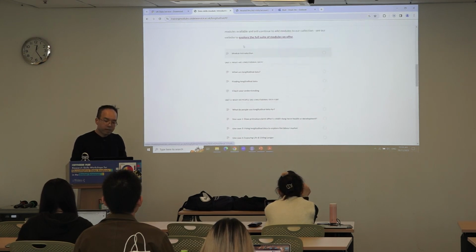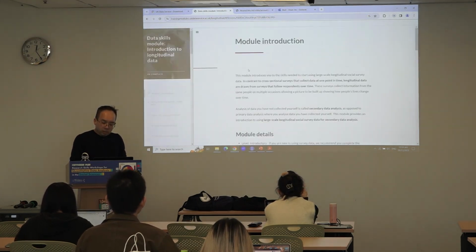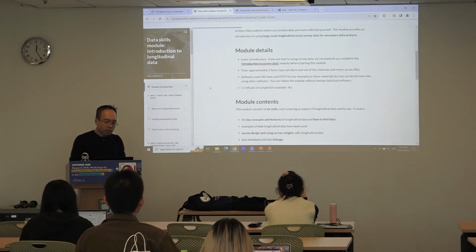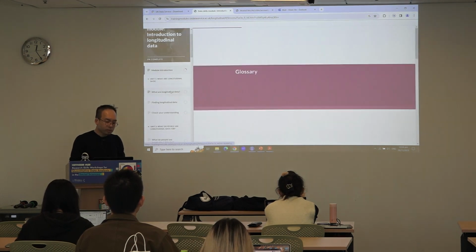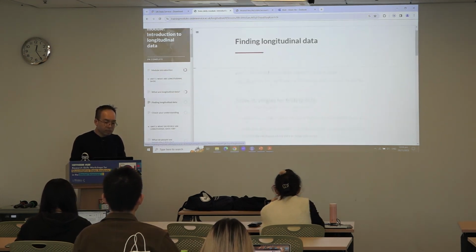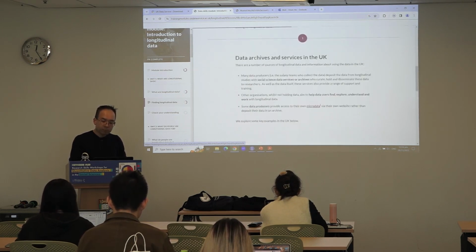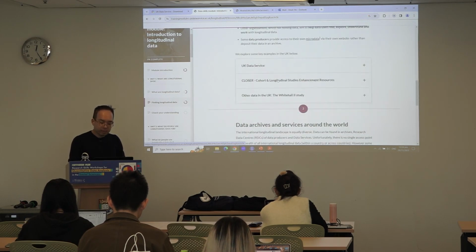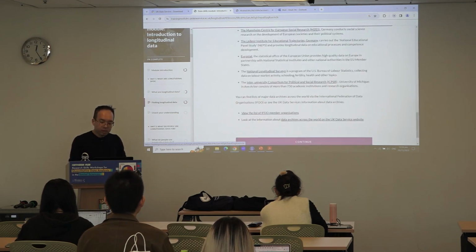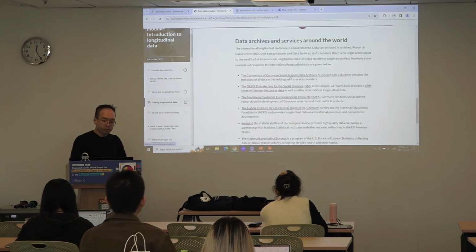Okay, so longitudinal data, we obviously talked about longitudinal data. This is very critical. If you don't already know where to find longitudinal data, this is a place where you can do a lot. There are many data archives and services in the UK context, and a lot more in other contexts. These resources are going to be very, very helpful.